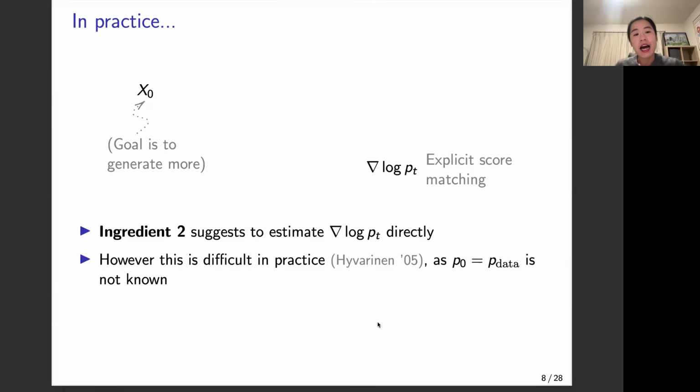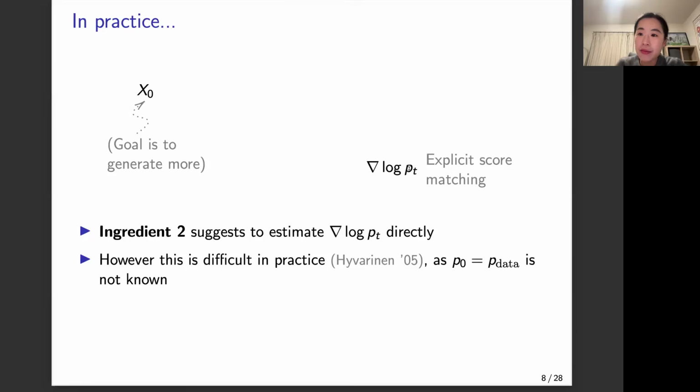So in practice, the high-level idea is that we always want to simulate more data, which is x0 for the forward process using the notation we just established. And in order to simulate more realistic x0, we need to find a good functional approximator to the gradient of log p.